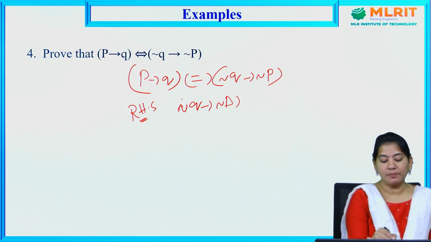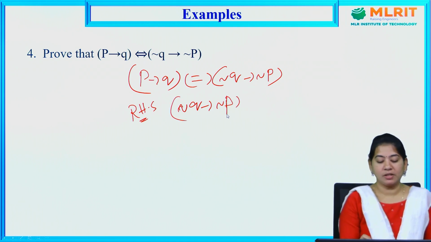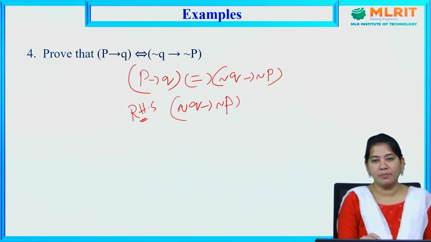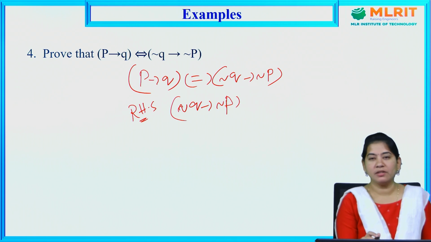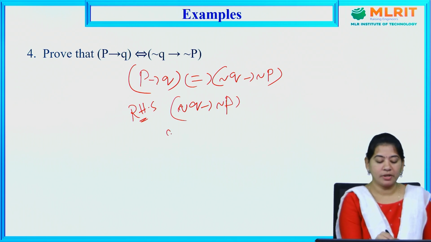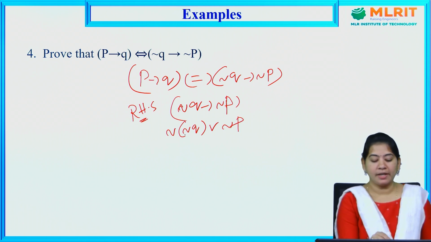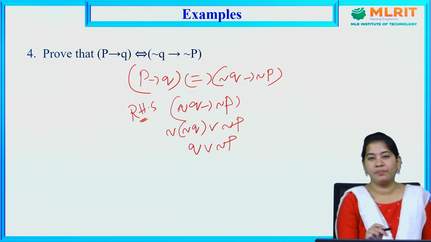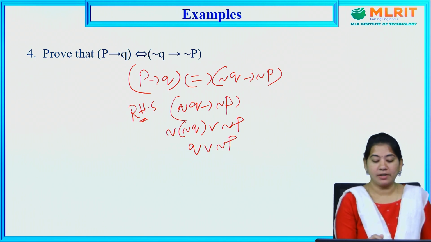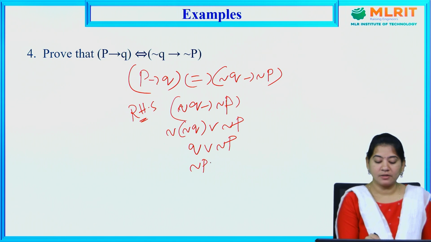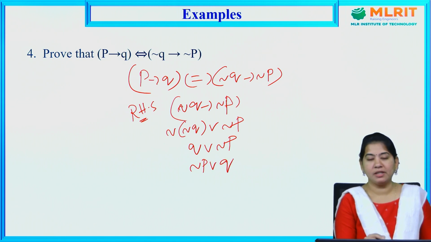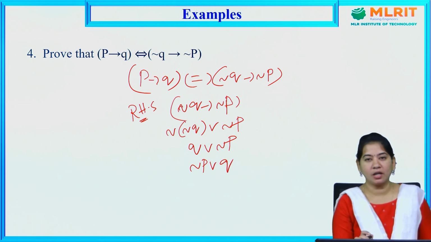So here in this question, if you observe, this is in the form of the standard formula P implies Q, and P implies Q is negation P or Q. So here you can write negation of negation Q or negation P. Negation of negation Q, by using the double negation, you will get Q or negation P. By applying the commutative law, you can write it as negation P or Q. I am just interchanging the variables by applying the commutative law.